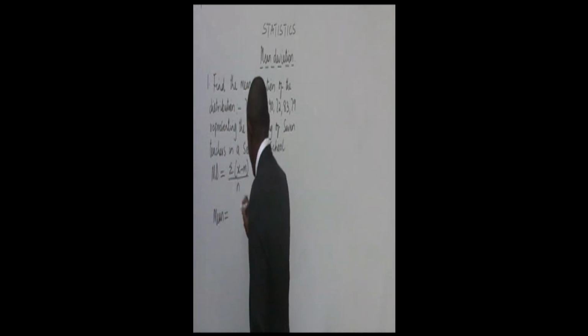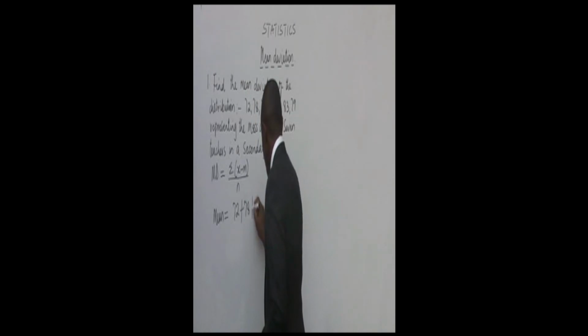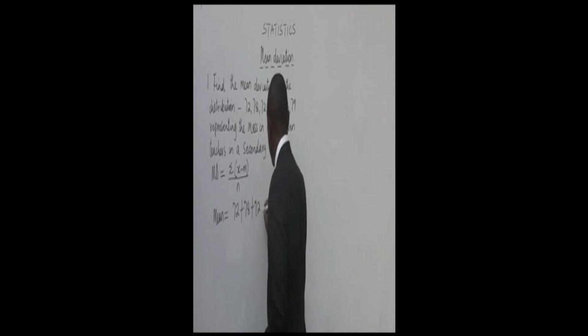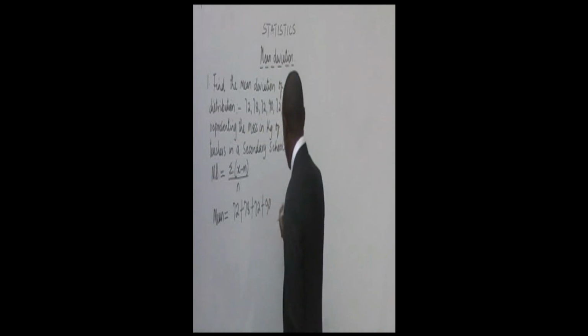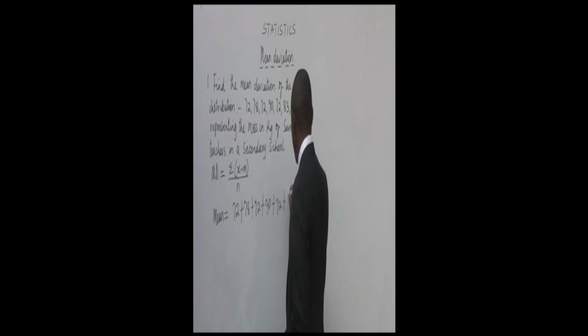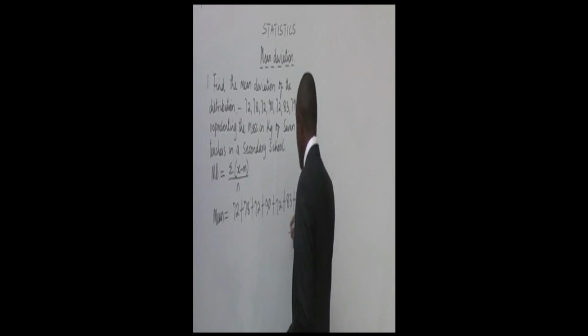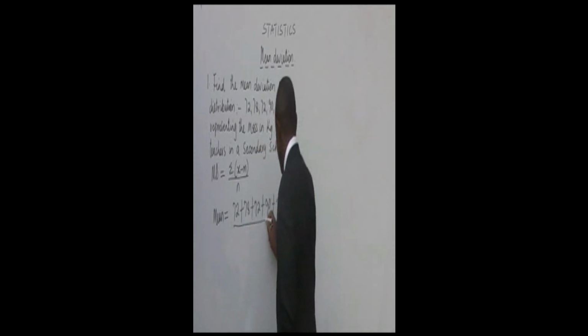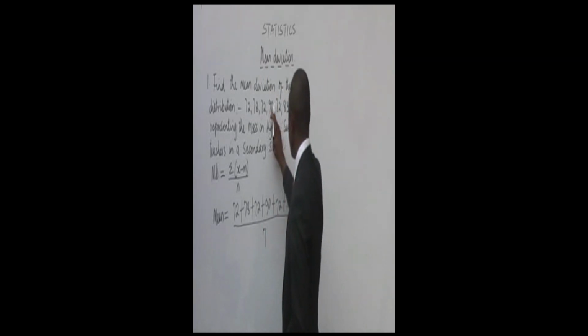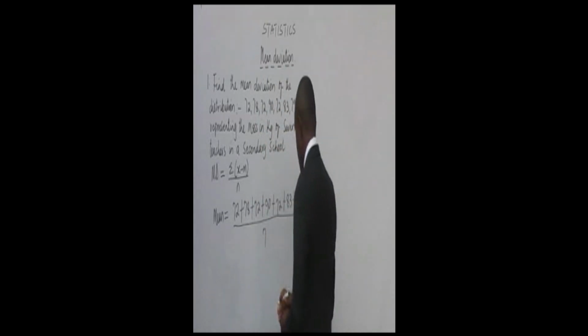We find our mean by 72 plus 78 plus 72 plus 90 plus 72 plus 83 plus 79, all divided by 7. 1, 2, 3, 4, 5, 6, 7 items.